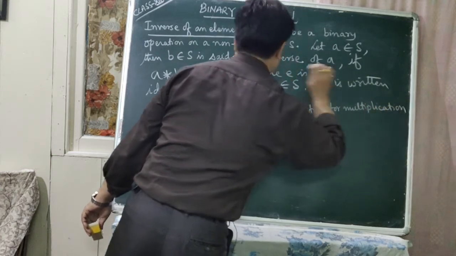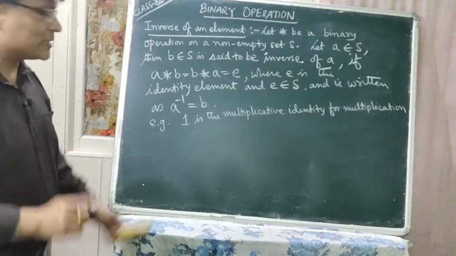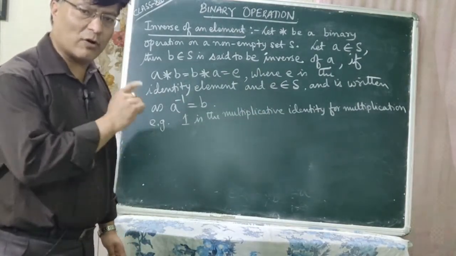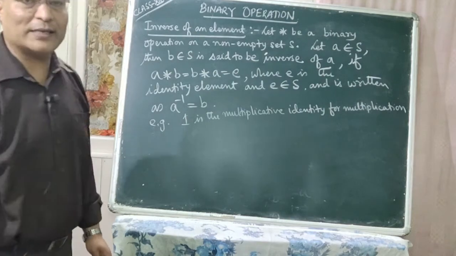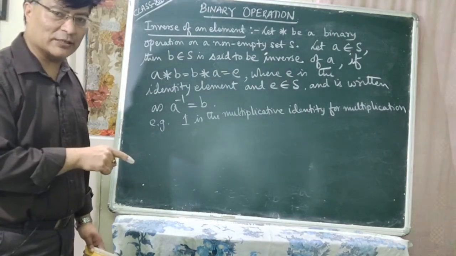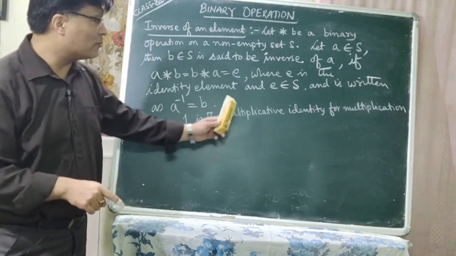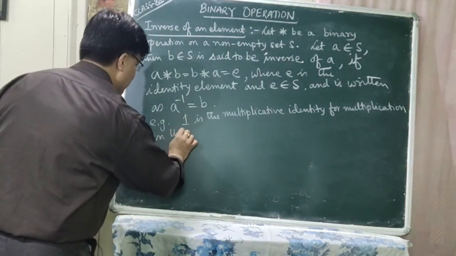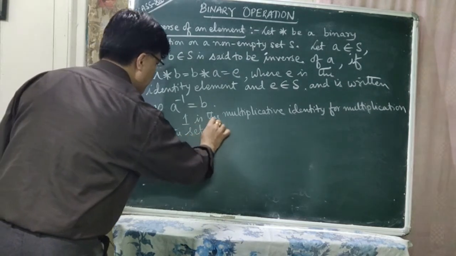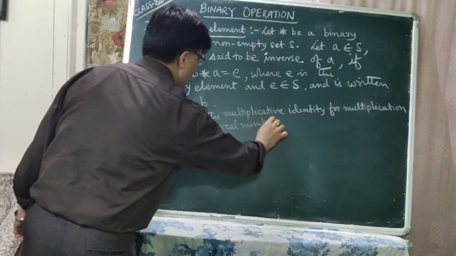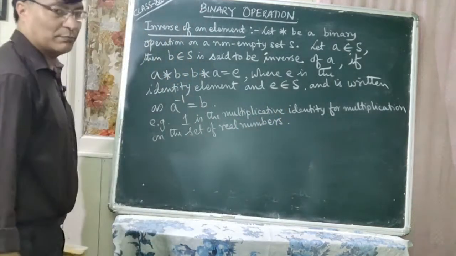Just now we got it. 1 is the identity element for multiplication, isn't it? So 1 is the multiplicative identity for multiplication on the set of real numbers.